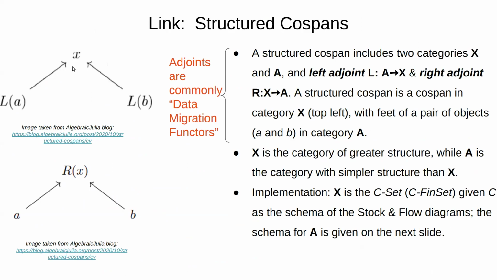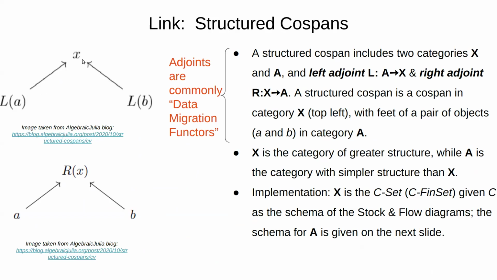So I don't know if you remember, but we saw adjoint functors for structured cospans. Do you vaguely remember this? Yeah, there was a category A for the feet. Do you remember that? And a category X for this apex.